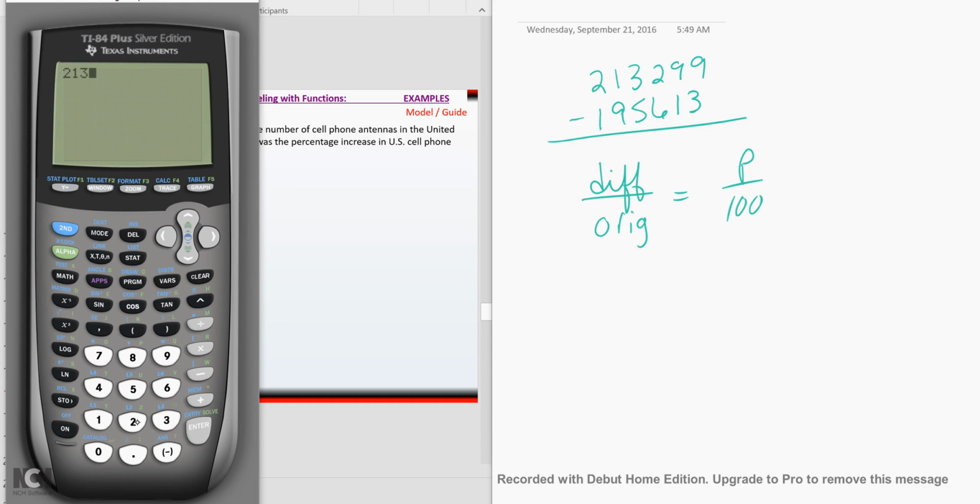I need to be careful. The difference is 17,686 over the original, which was, in this case, the lower number because it increased. So my original was 195,613 equals percent over 100.